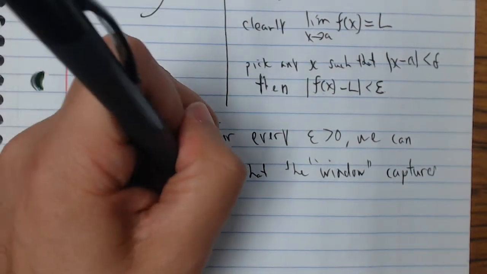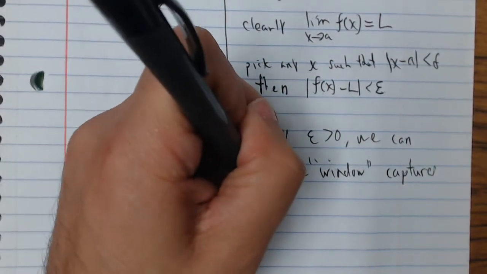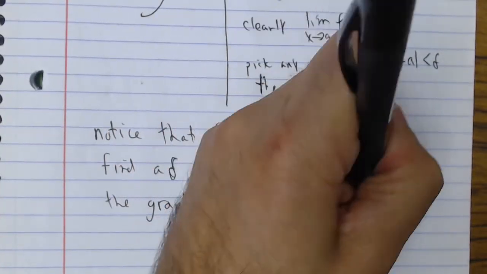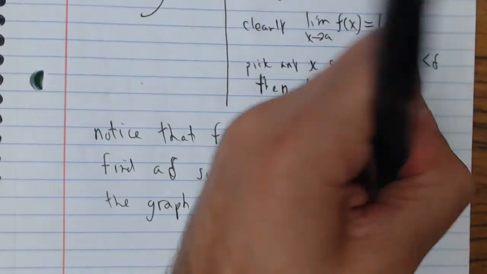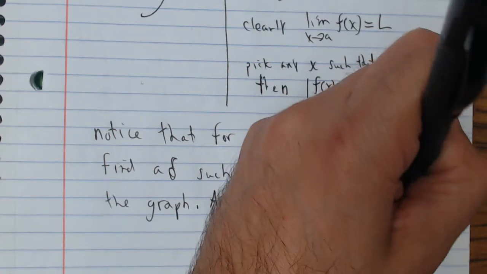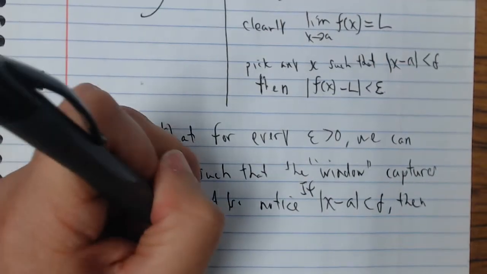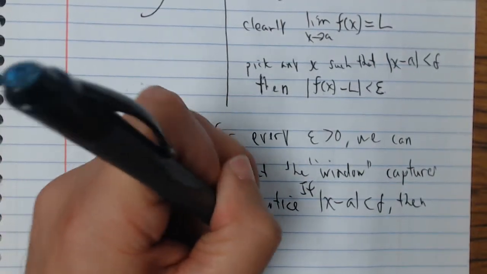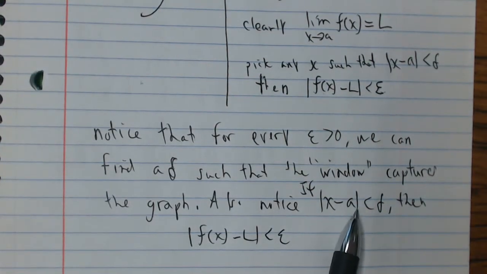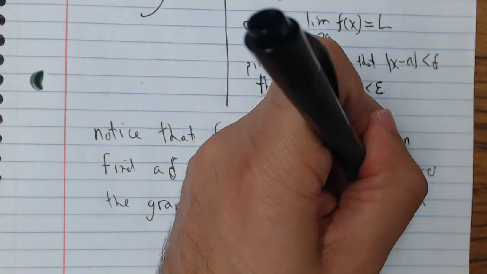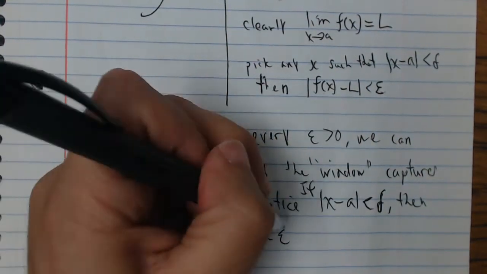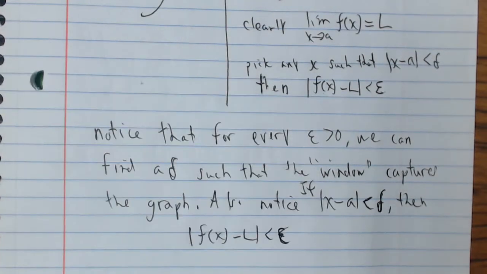And what's important is also notice: if |x minus a| is less than delta, then, and I showed you this visually, |f of x minus L| is less than epsilon. And that's the key. Okay?